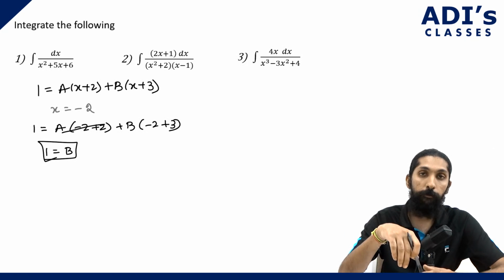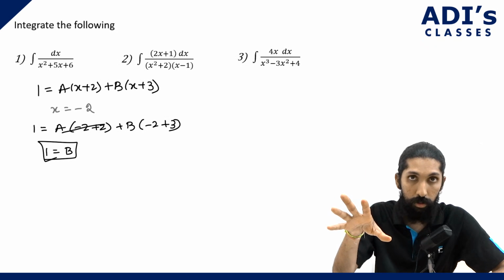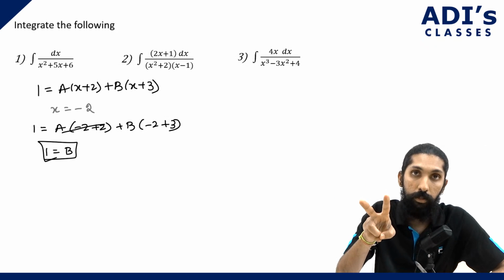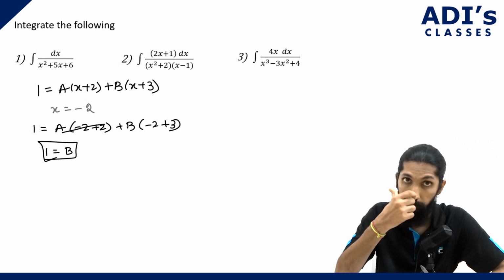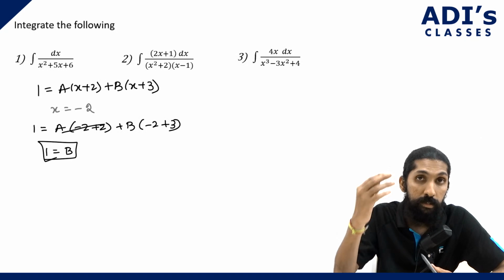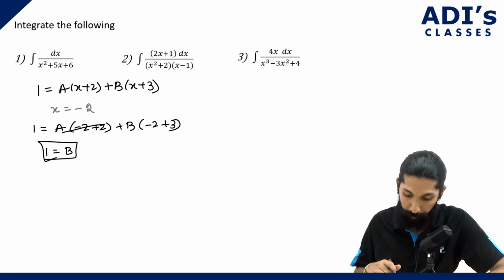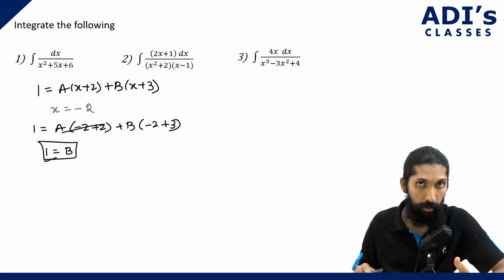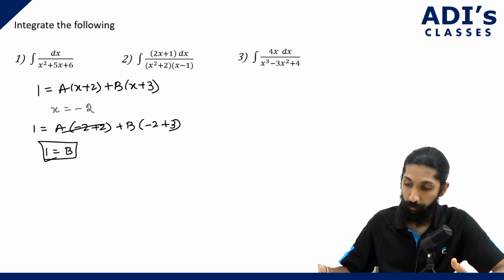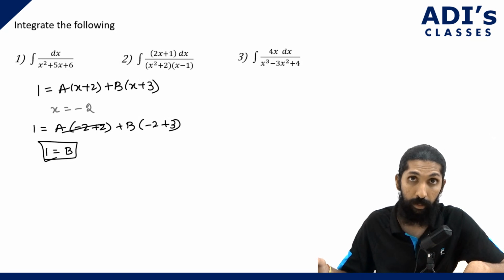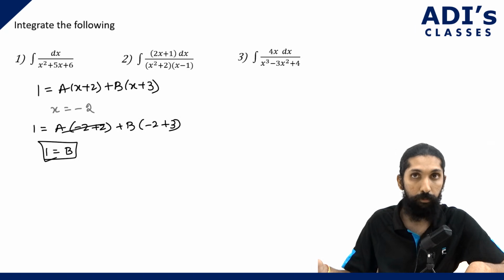In the sense, we are trying to reduce the two unknown equation into a single unknown equation. For that, we are taking the zero of a particular polynomial. Now, we got the value of B by taking the zero of the polynomial of A, that is x is equal to minus 2.